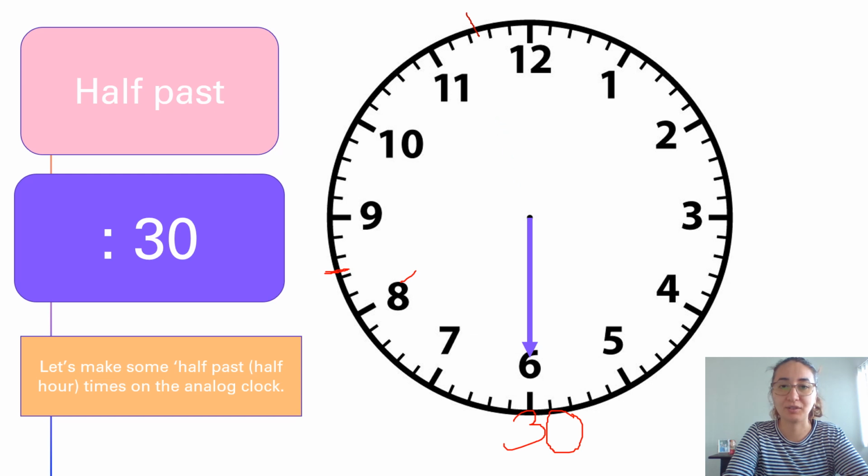Next, let's do one more. If our question was 12:30, ooh, we see it like this. That means it's 12:30. So we put that on our digital time. Very important. That 30 is very important to remember, guys.